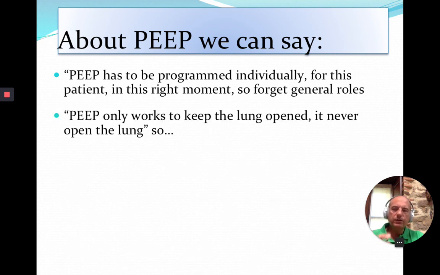PEEP only works to keep the lungs open. It never reopens the lungs, so don't try to set some amount of PEEP to reopen lungs. If you have to reopen lungs, you will have to go through a recruit maneuver, as we talked about in other lectures. Recruit maneuvers reopen the lungs; PEEP keeps the lungs open.